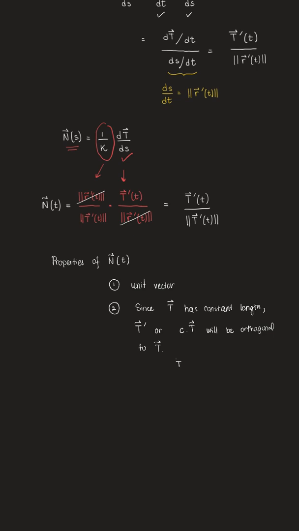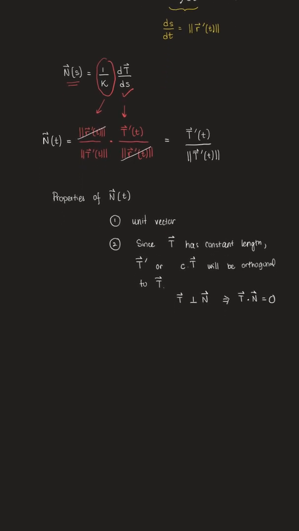Therefore, T is perpendicular to the normal vector, which implies then that their dot product must be 0. So that's another property of our unit normal vector.